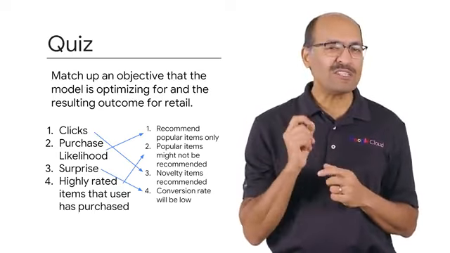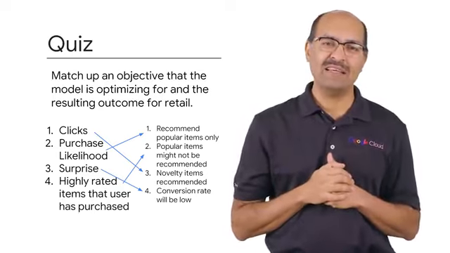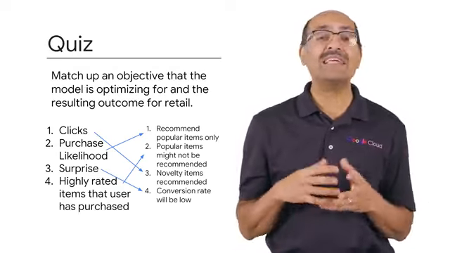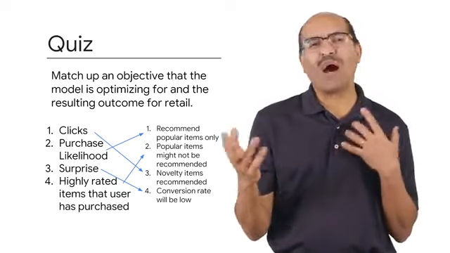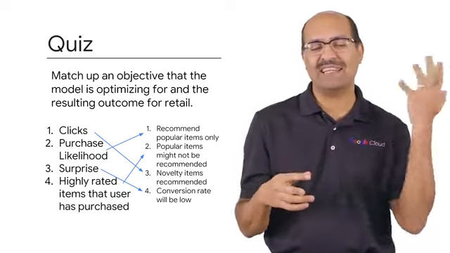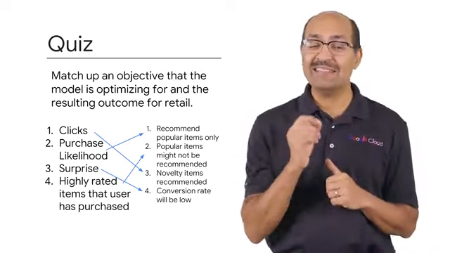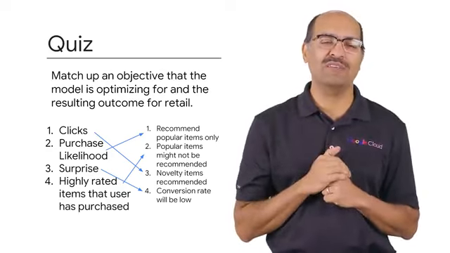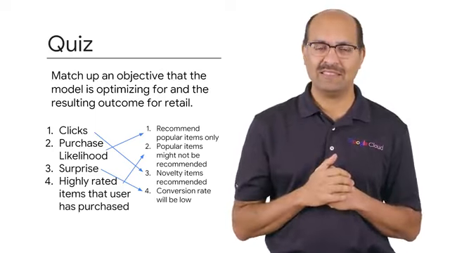And the hardest part of a recommendation system is not the algorithm, because the algorithm is standard. It's not the data, because you probably have purchase transactions data already. In the case of a recommendation system, one of the hardest parts is getting the objective right.